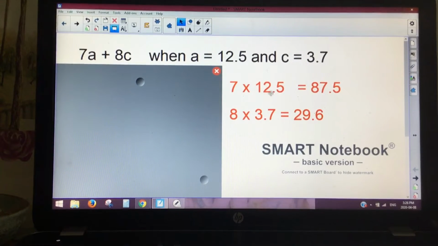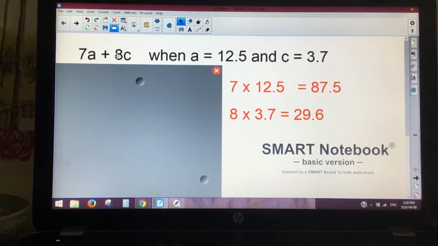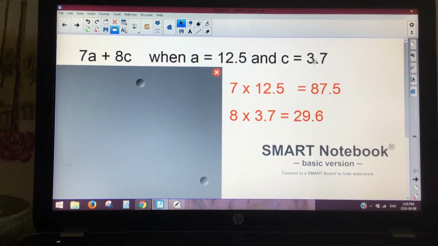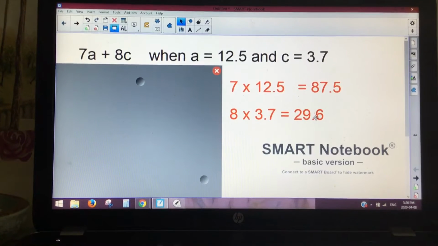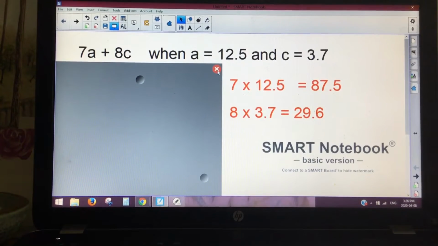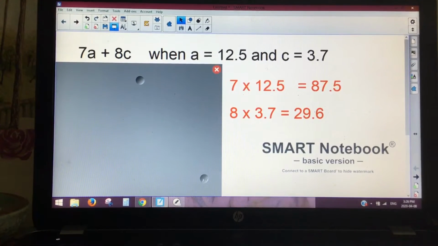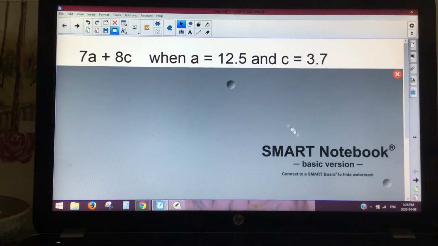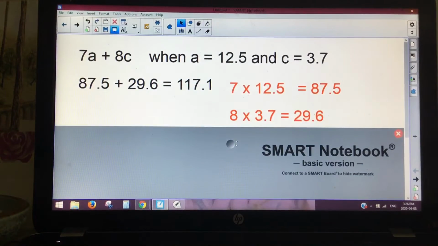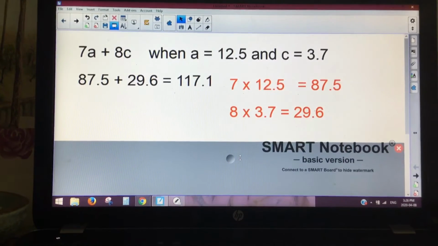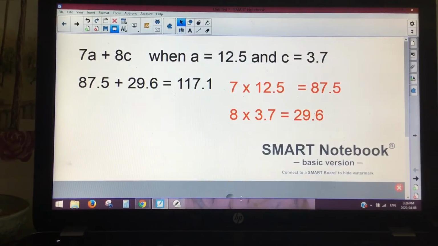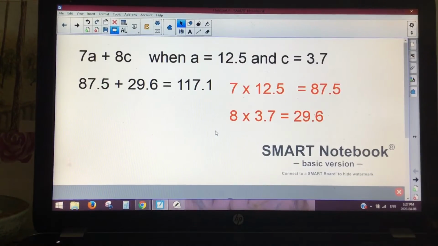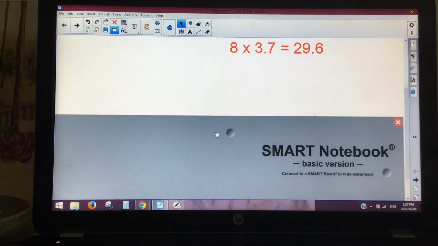So 7 times 12.5 would be 87.5. And our 8c, 8 times c is worth 3.7, so 8 times 3.7 is 29.6. Okay, so 87.5 plus 29.6 gives me my 117.1.